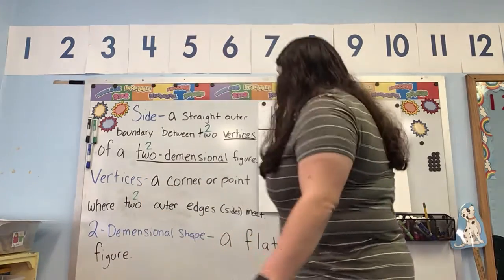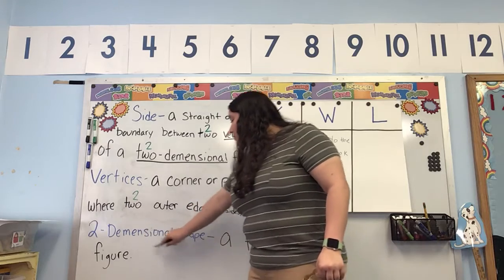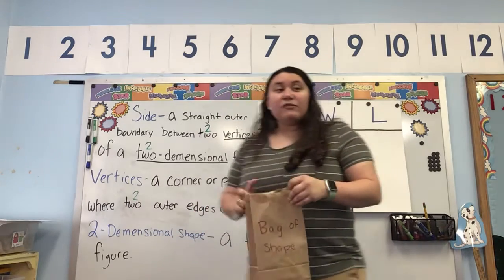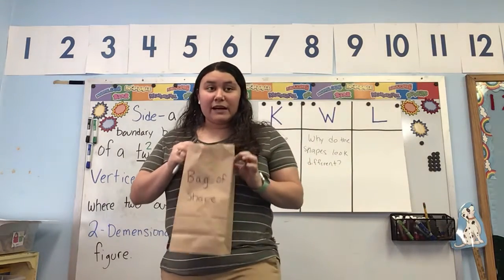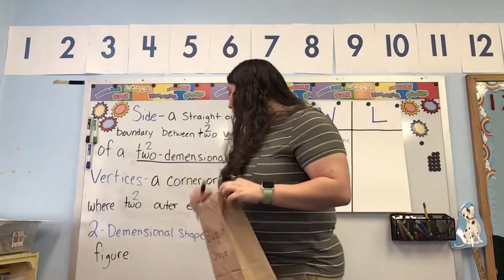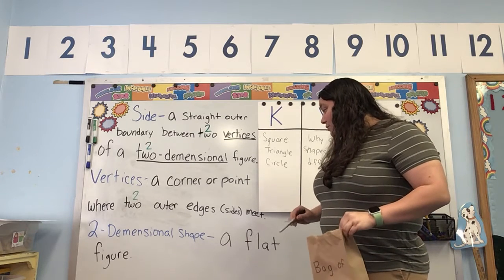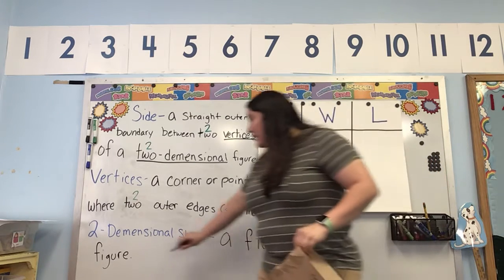Now, lastly, our last vocabulary word is two-dimensional shape. Every shape that you had in your bag of shapes is a two-dimensional shape. And we know this because the definition of two-dimensional shape is a flat figure.